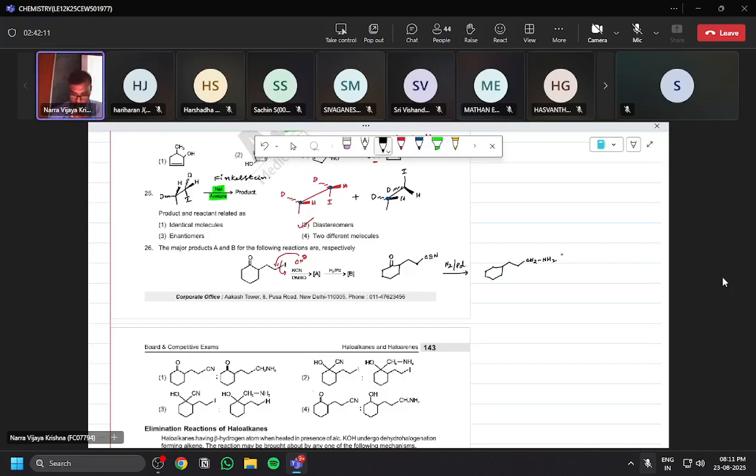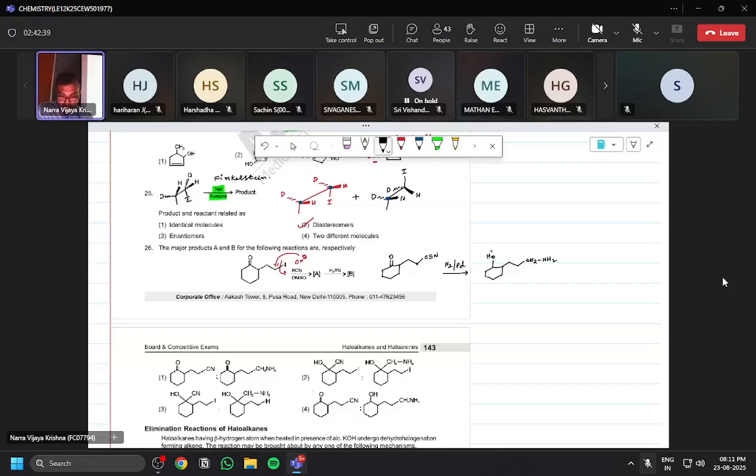Now, what about the ketone? Ketone also should be reduced to alcohol, but hydrogen in presence of palladium has some exceptions, sir. Yes, I should get alcohol. Both have to be gone.